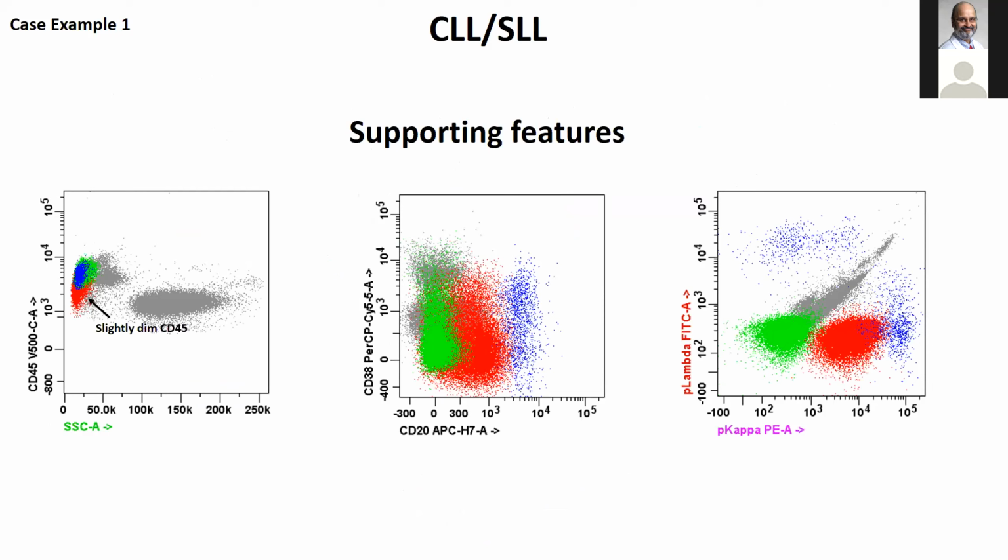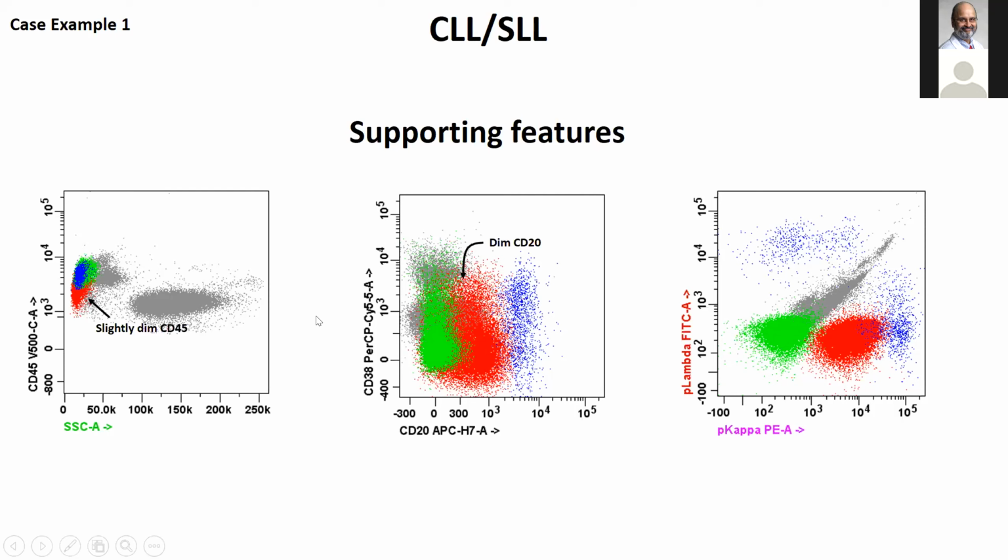Some of the supporting features I didn't mention earlier, but most CLL/SLLs are also dim positive for CD45. So if your reference population is this blue polytypic B cell population, you can see that the CLL/SLLs are oftentimes slightly dimmer in their intensity of expression of CD45 versus the polytypic B cells.